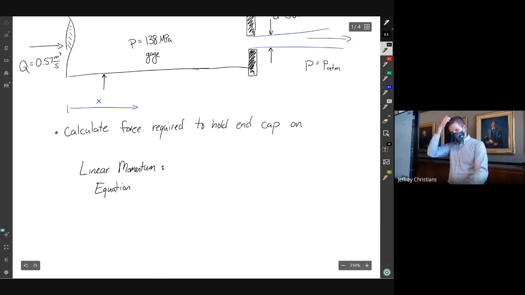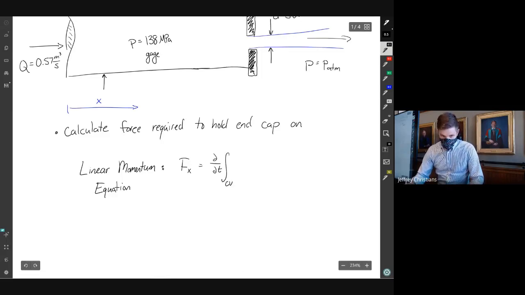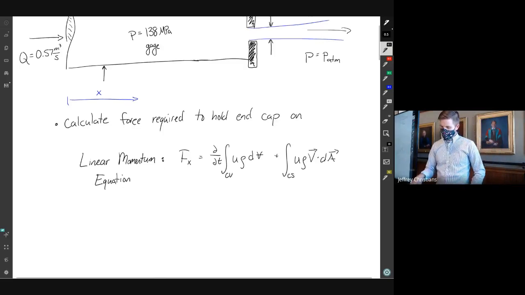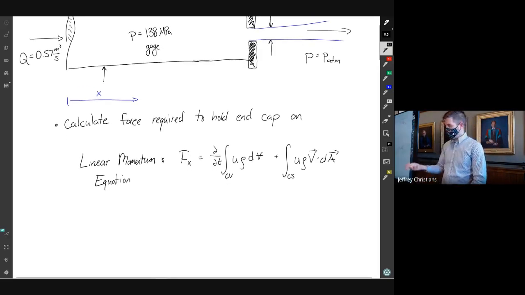The linear momentum equation, the general form, is this, with this kind of weird notation. So Fx is the net force in the x direction acting on our control volume.